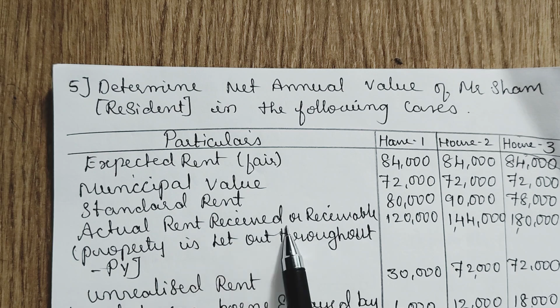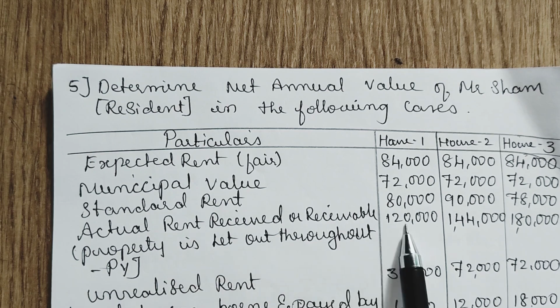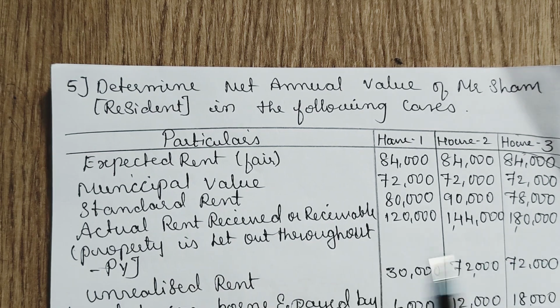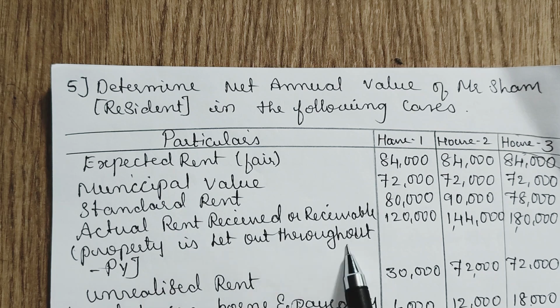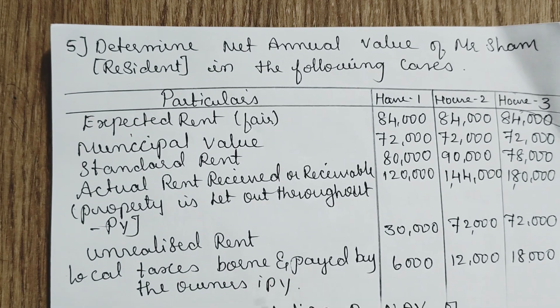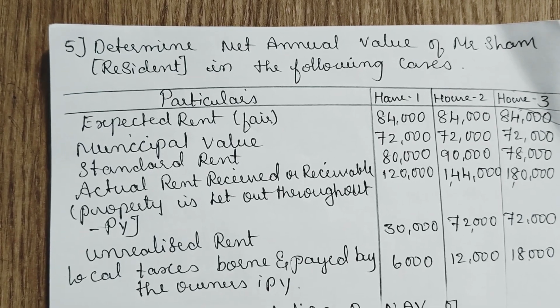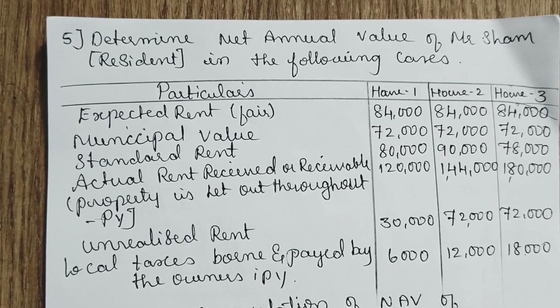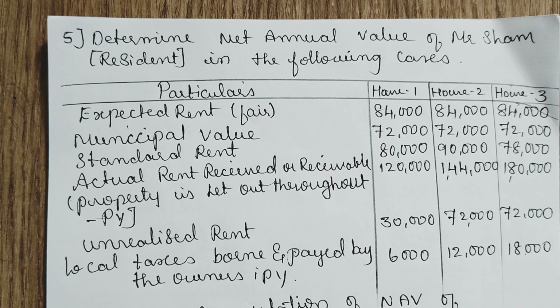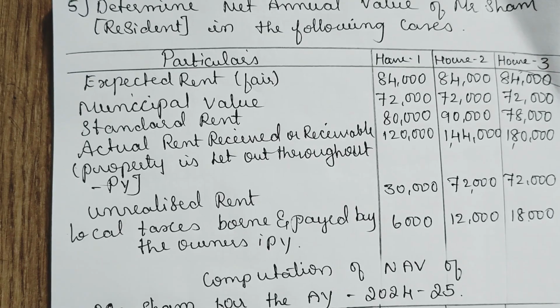Actual rent received or receivable 1,20,000, 1,44,000, 1,80,000. Property is let out throughout the previous year. Unrealized rent is given. Local tax borne and paid by the owner in the previous year is given. Let us solve this question. Here we have 3 different houses of the owner, right? All the houses are given for rent.